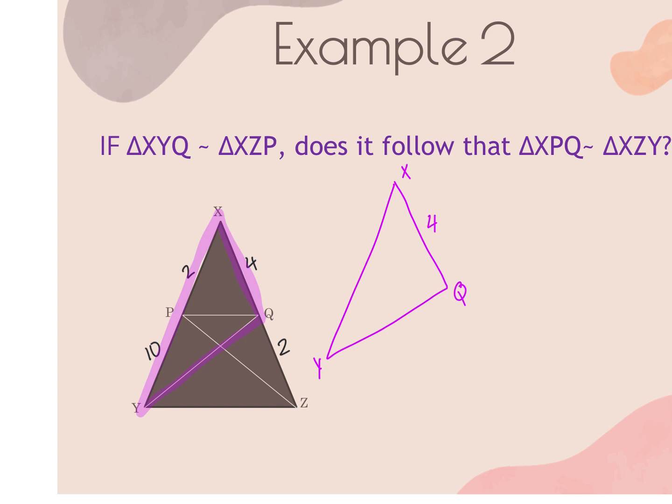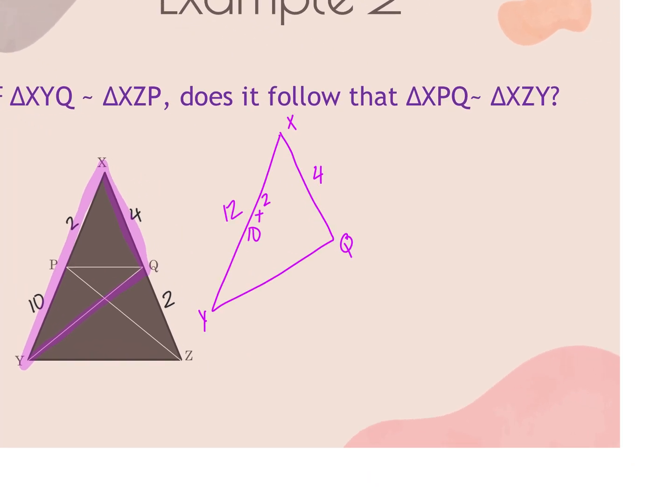This is 4. What's the measure of XY? 12. Good. I'm adding 2 plus 10, that's going to give me a 12 over here. I'm going to go ahead and do my other side.